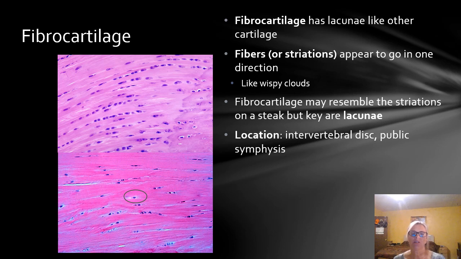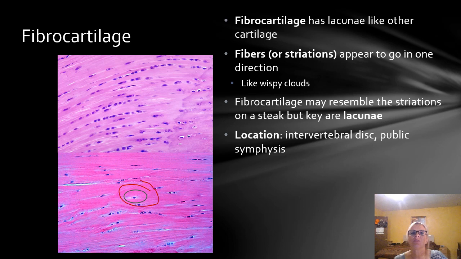So fibrocartilage is the last of the three types of cartilage, which is part of our connective tissue. We have lacunae here, but they're not near as obvious, but you can see in this little circled portion, we do have some white space, and we have a lacuna, and then we have that dense little portion in the middle.